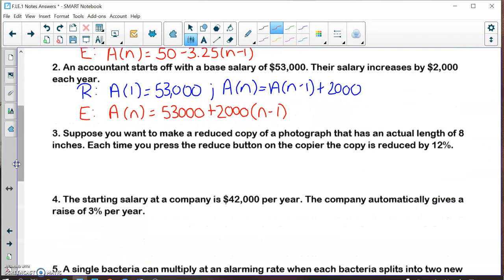Looking at number 3. Suppose you want to make a reduced copy of a photograph that has an actual length of 8 inches. Each time you press the reduce button, the copy is reduced by 12%, meaning that it decreases by 12%. When we're decreasing by a percentage, remember that's an exponential function.